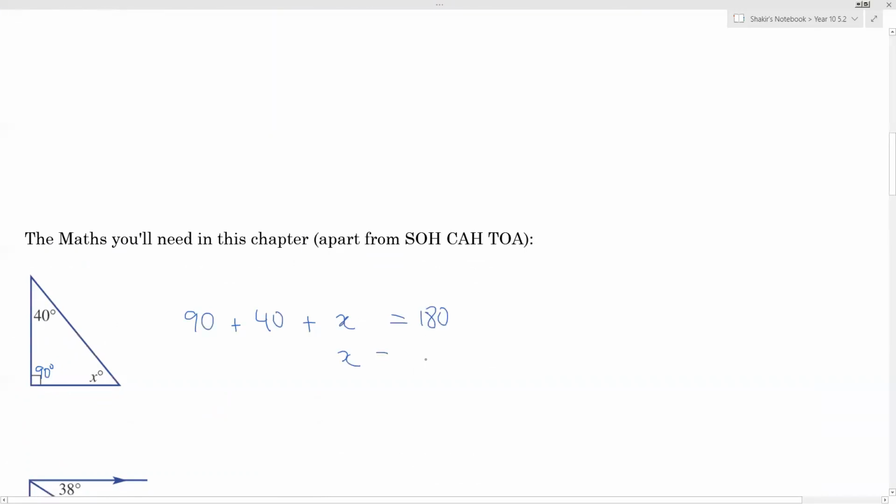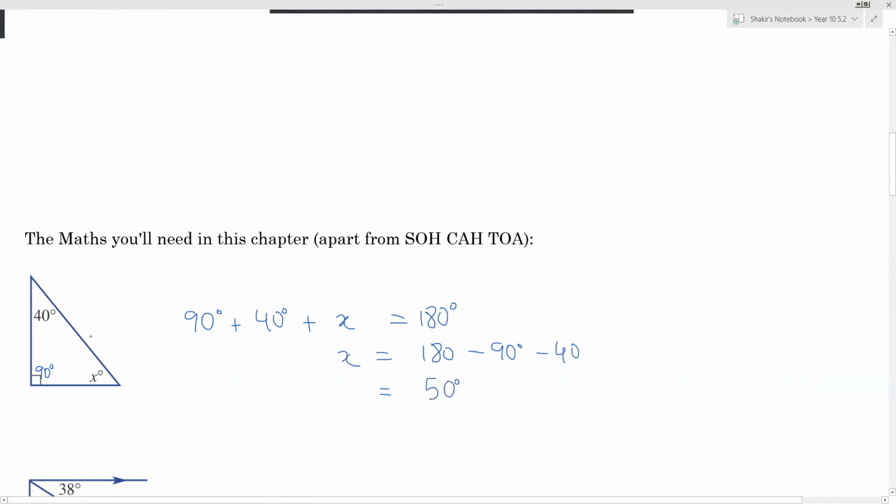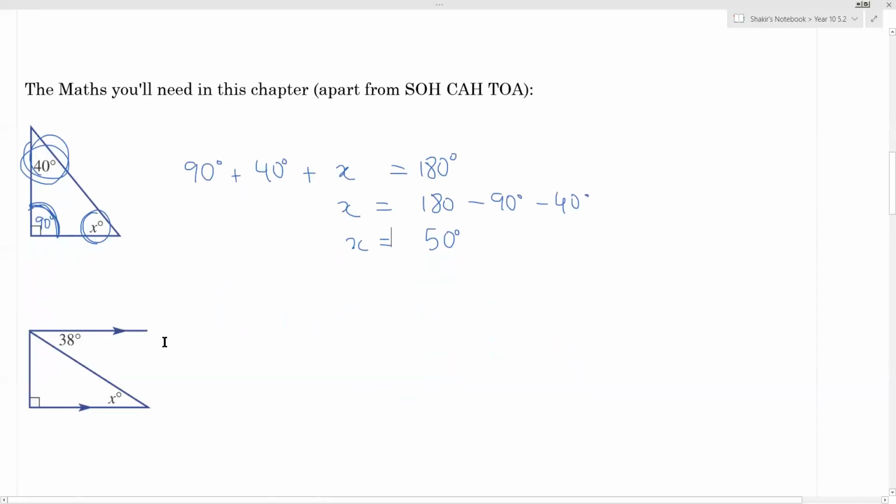In other words, x equals 180 minus 90 degrees minus 40 degrees, and that should give you 50 degrees. A shorter way is because that's 90 already, x and 40 have to add to 90, so x has to be 50 because 40 plus 50 equals 90. Point is, angles in a triangle add to 180 degrees.